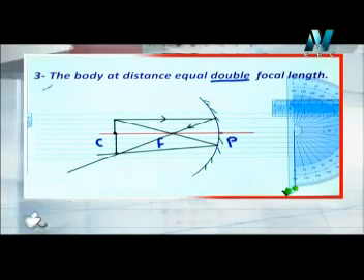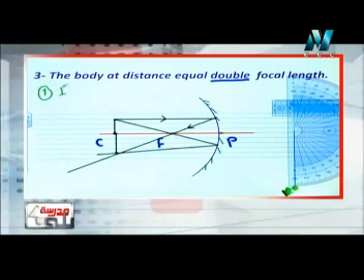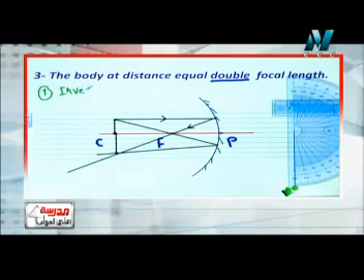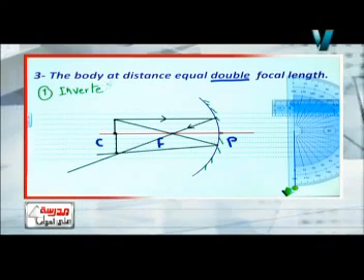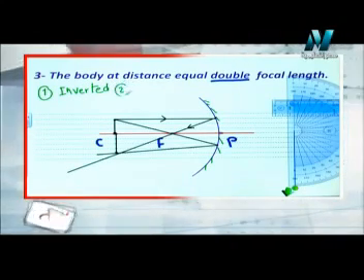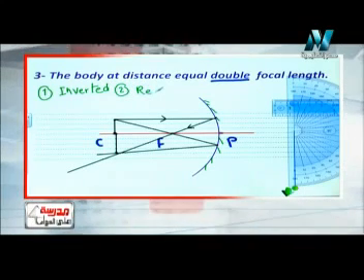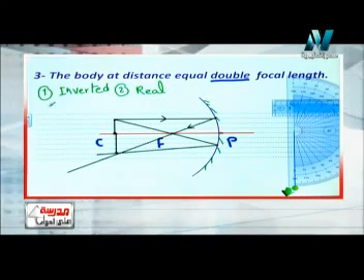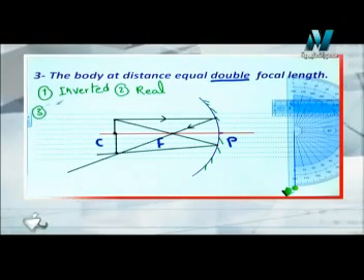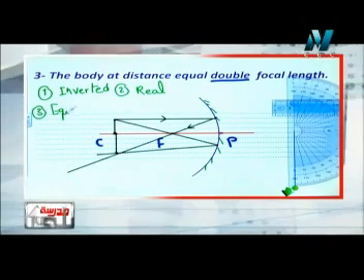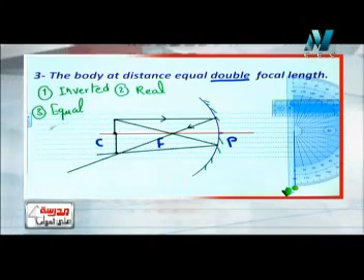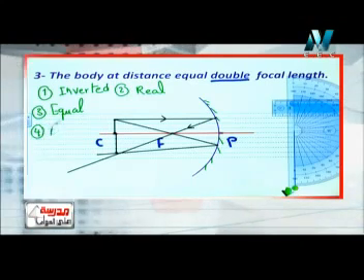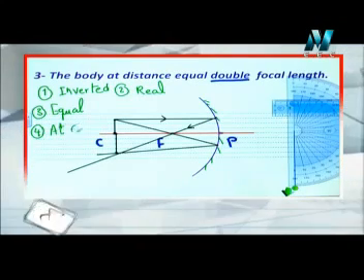So number one, inverted: the image is still inverted. Number two, real, because we know real can be received on the screen. Number three, equal in size. And number four, at center of curvature.